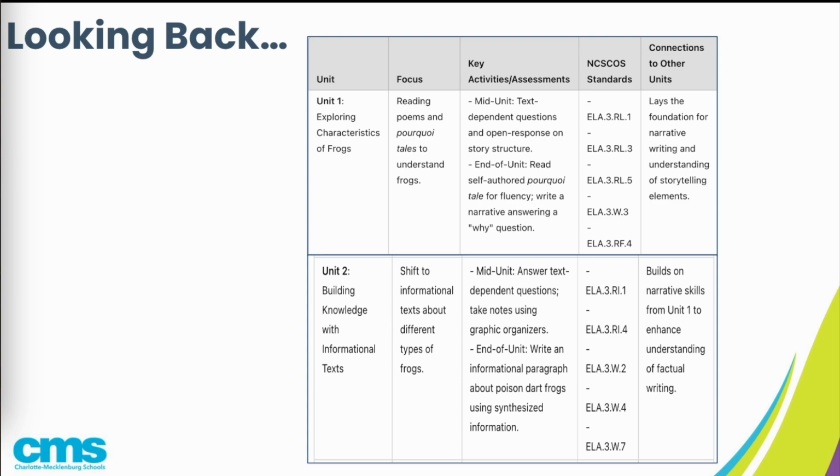Looking back, we know that Unit 1 prepared our students to have the foundation for narrative writing and understanding of storytelling elements. We built on that in Unit 2 by students really getting to break down their narrative skills and research skills.